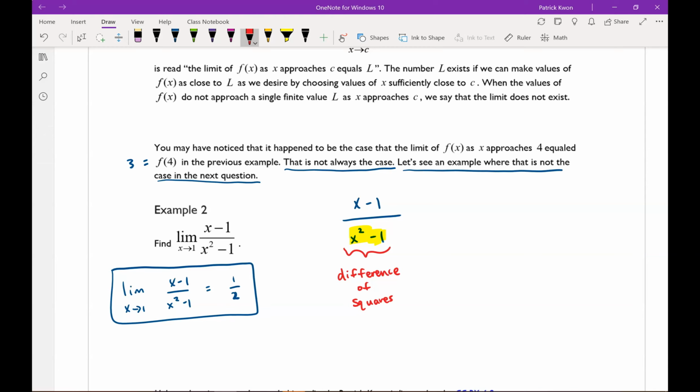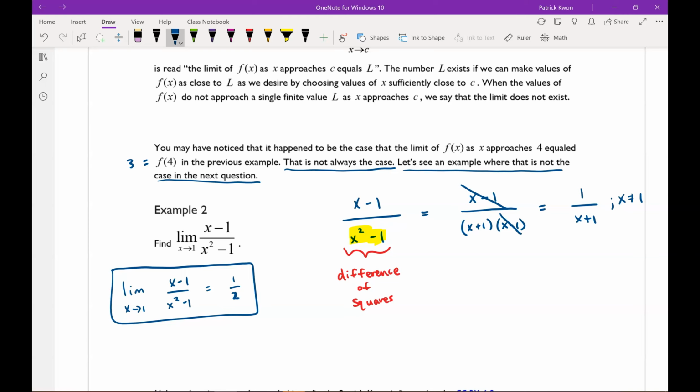Hopefully you remember that from an algebra or pre-calculus class. What that allows us to do is factor that. So we have x minus 1 over x plus 1 times x minus 1. If we do that, then we can divide these terms out and be left with 1 over x plus 1, where x cannot equal 1.